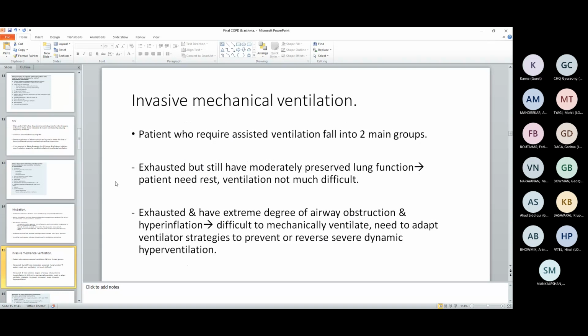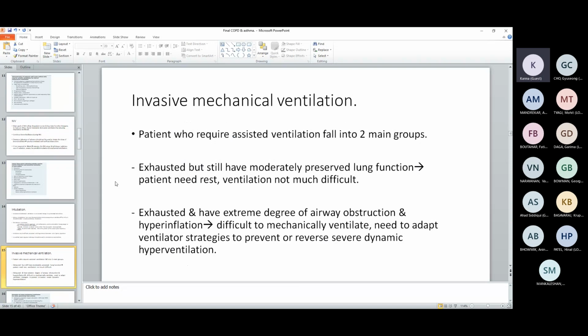For acute asthma patients who are already intubated and on mechanical ventilation, we can divide them into two groups depending on their ventilatory behavior. One group is exhausted but still has moderately preserved lung function. These patients only need rest for a certain time, and ventilation is not very difficult.